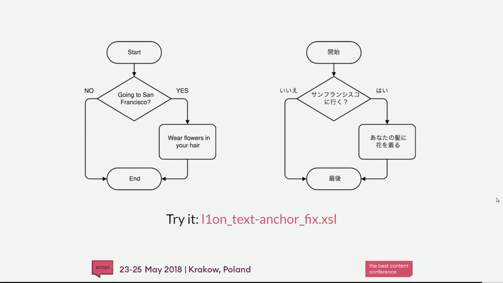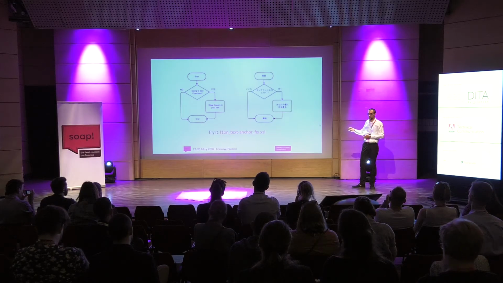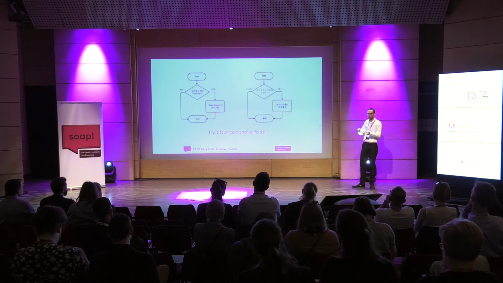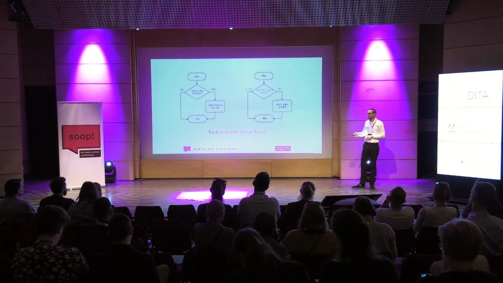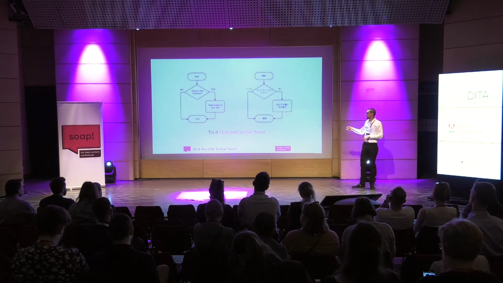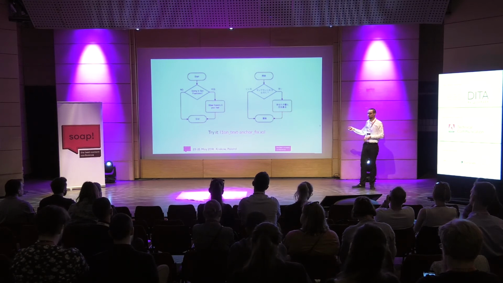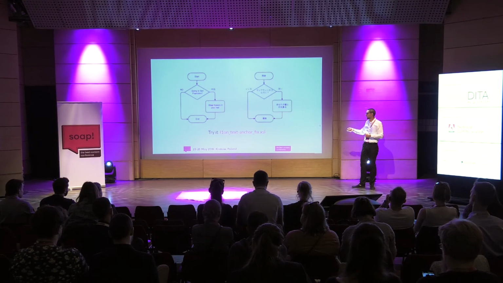So by applying that XSL style sheet to your production SVGs, so the SVGs that your team creates, you make sure that when they come back from the XLIFF package, the layout is not going to break.